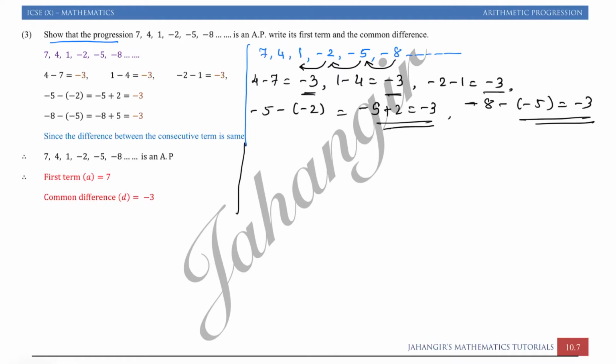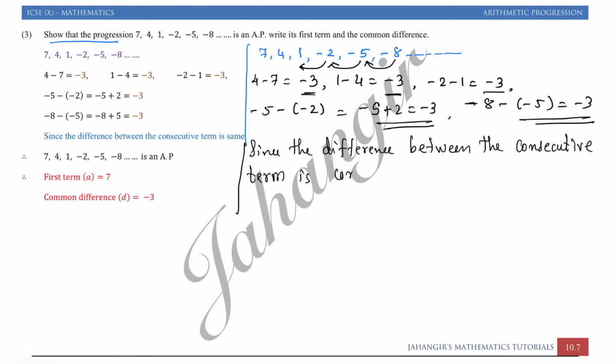So here I can write, therefore, since the difference between the consecutive terms is same, or you can write constant, therefore 7, 4, 1, minus 2, minus 5, minus 8 is an AP.